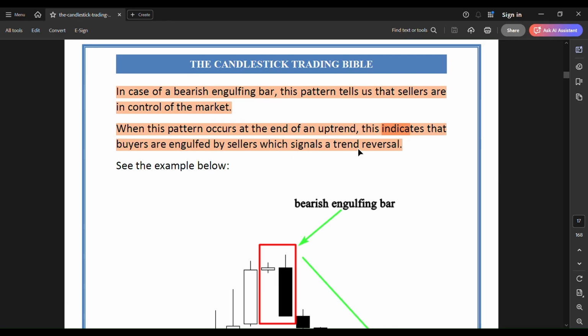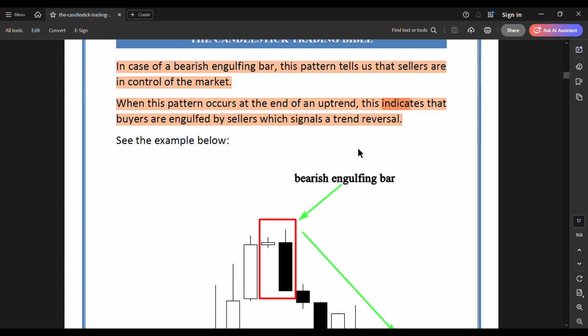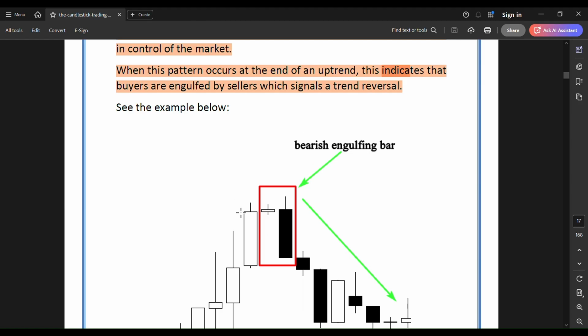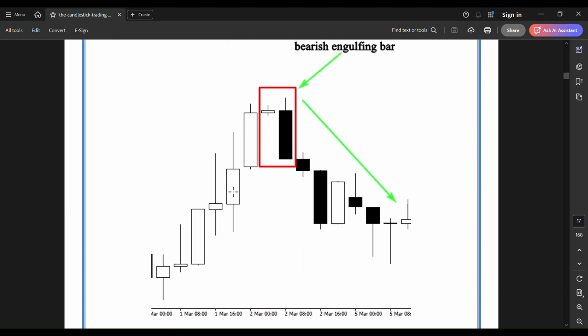In the case of a bearish engulfing bar, the pattern tells us that sellers are in control of the market. When this pattern occurs at the end of the uptrend, this indicates that the buyers are being engulfed by sellers, which signals a trend reversal. So if this occurs at the end of an uptrend, in other words, the maximum point of an uptrend, as shown below, you've got your uptrend there, and then you have your engulfing bearish candle engulfing the previous candle there.